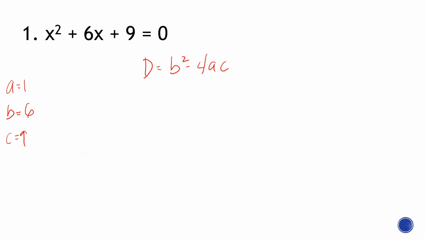So here it's 9. Now that we have a, b, and c, all we need to do is plug them in the formula. I did not replace b by 6 yet, so it's 6 squared minus 4 times 1 times c. 6 squared is 36. After that, you just need to count the number of minus signs.